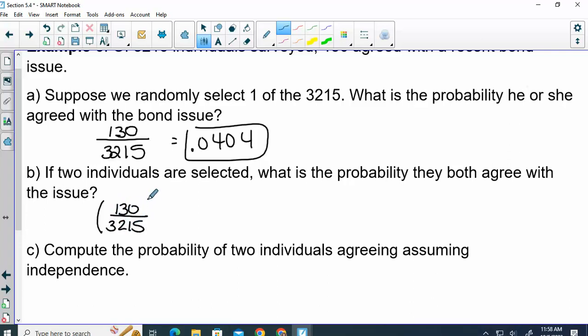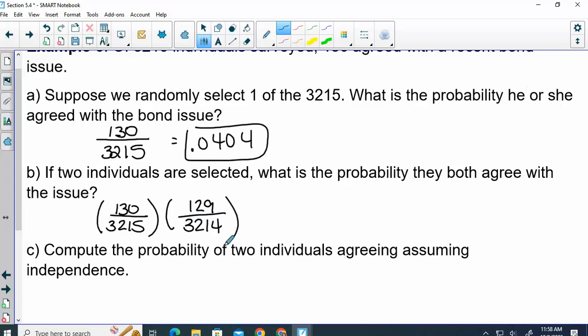I'll go ahead and just use a fraction so I don't have rounding error. If I've already talked to that one person, are we going to go talk to that same person again? No, so that person has been excluded. So how many of the people remaining agree? 129. Out of how many total people remaining?